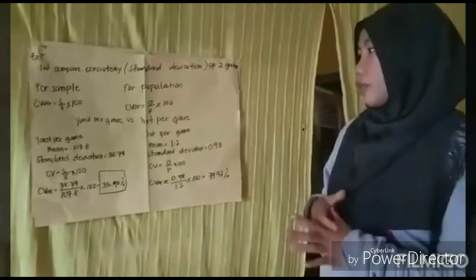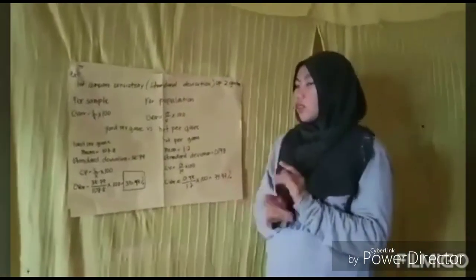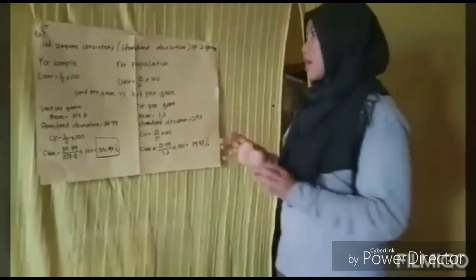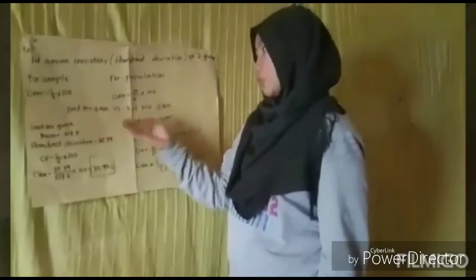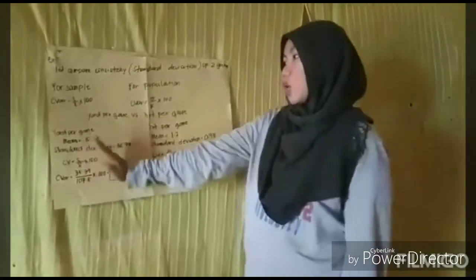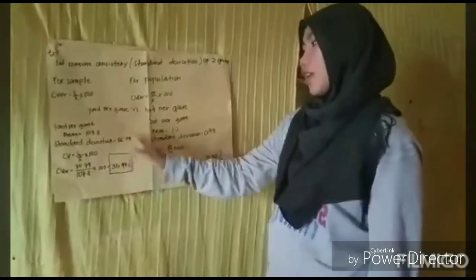For population data, the formula is CV equal to sigma, the standard deviation, over the mean, times 100. Yarn per gauge versus heat per gauge. For the yarn per gauge, the mean is 107.8. The standard deviation is 38.79.